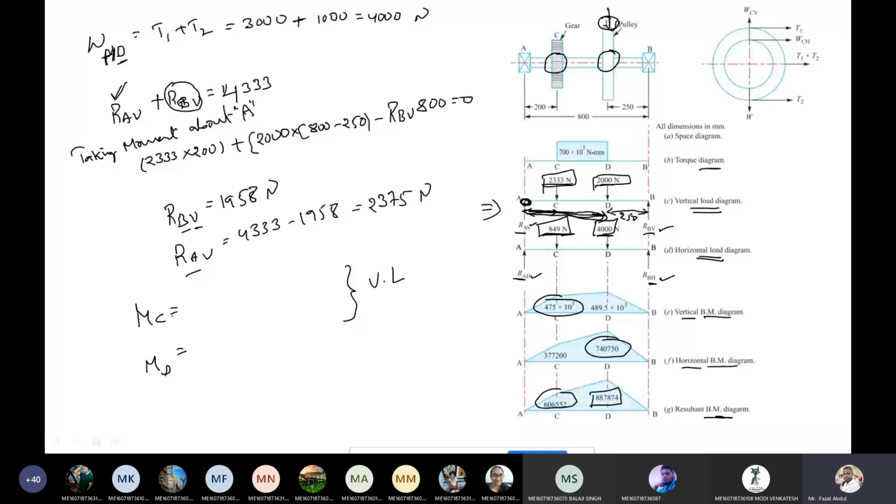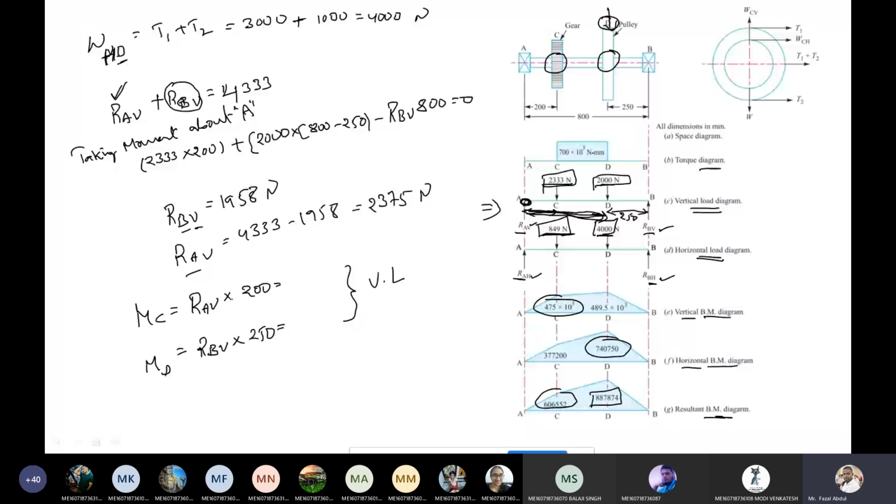The bending moment at C point is RAV into its distance. How much distance? 200. Now the bending moment at D point is RBV into 250. Here the bending moments at C point and D point, these two I am calculating due to vertical load.